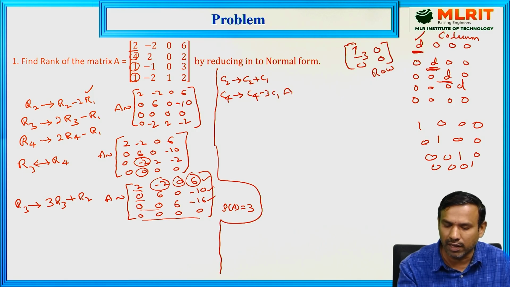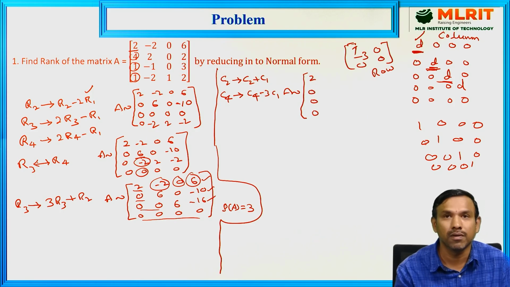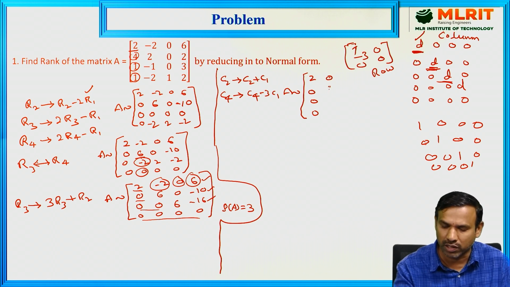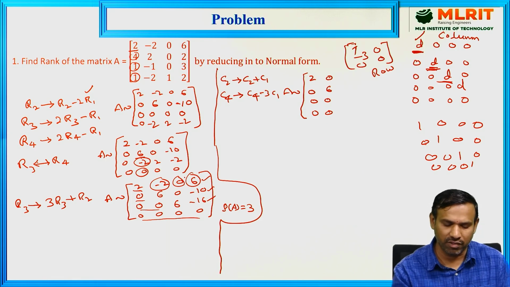Now A is equivalent to, since these are column operations, write column-wise. First column no change. Second column C2 plus C1: minus 2 plus 2, 0. Remaining are 0 elements, no change. 6 plus 0, 0 plus 0, right? No change. Third row already 0 element. Third column we are not doing any operation.